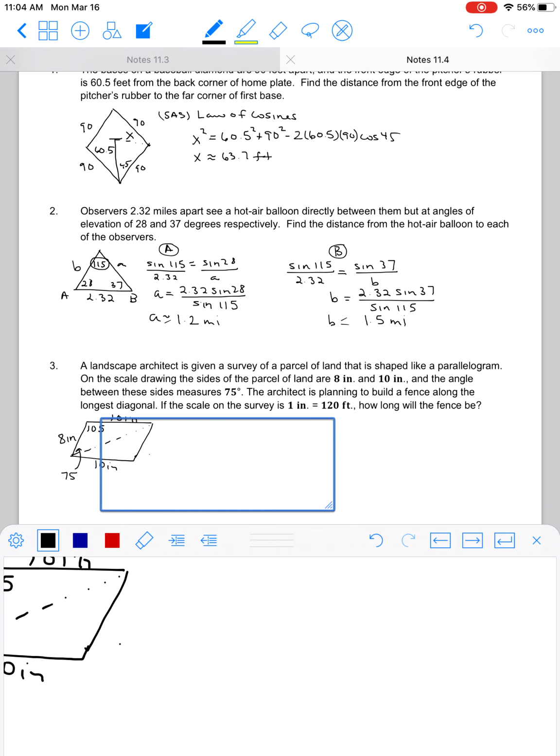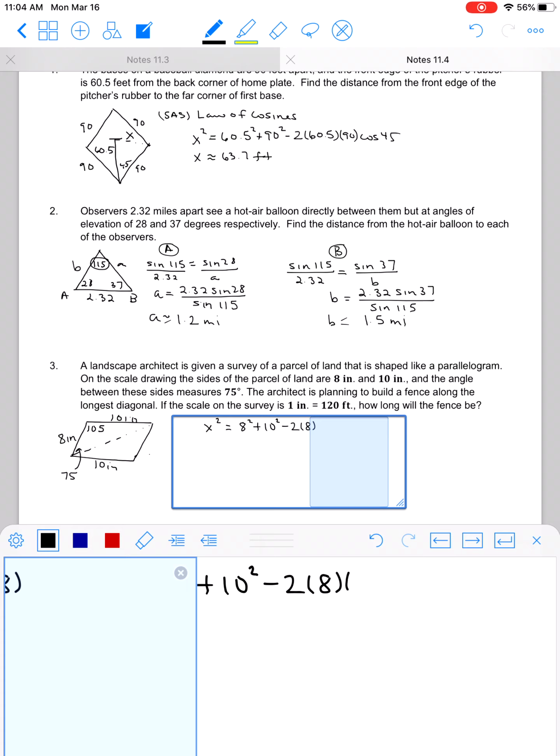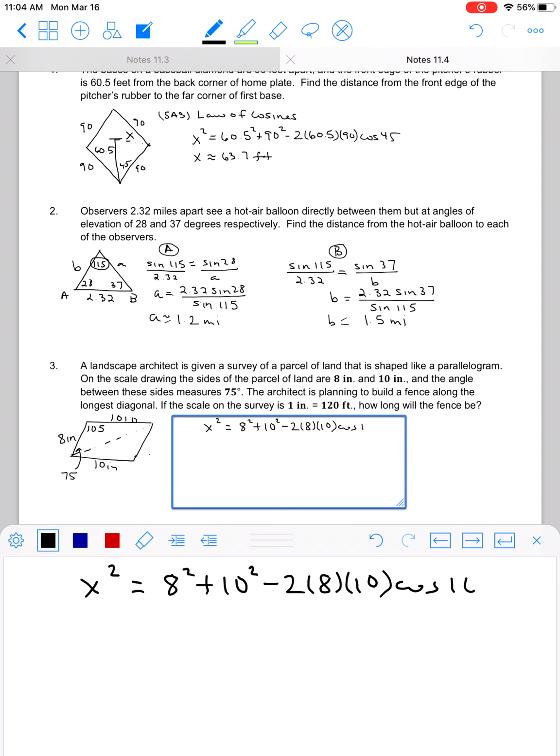And so what we're going to do is law of cosines. So x squared equals 8 squared plus 10 squared minus 2 times 8 times 10 cosine 105, and that is 14.3 inches, and this is our fence.